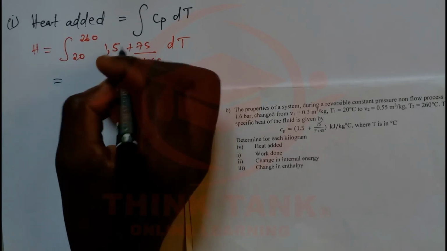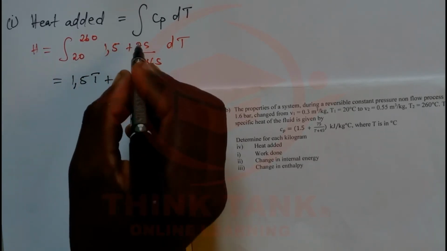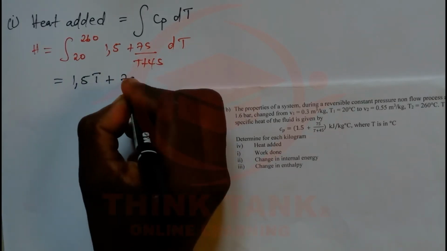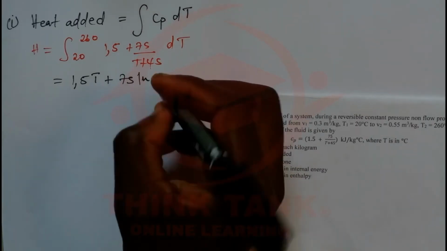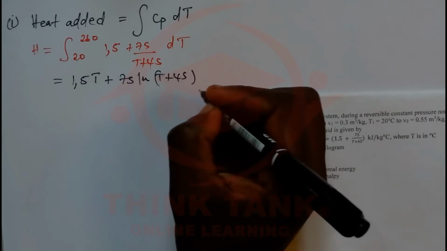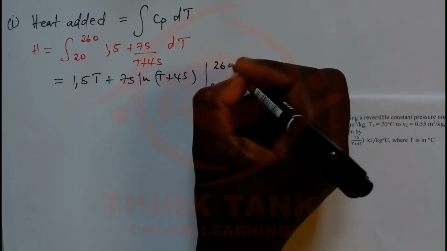So it's 1.5, just a constant, so we get 1.5T plus, and for 75 over T plus 45 we're going to use integration by recognition. So it's 75 times the natural log of T plus 45, in brackets, and we still have our limits, 20 to 260.